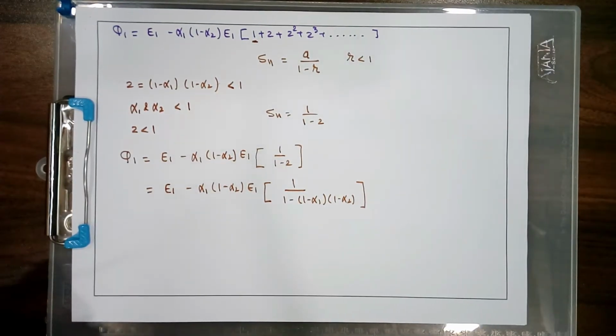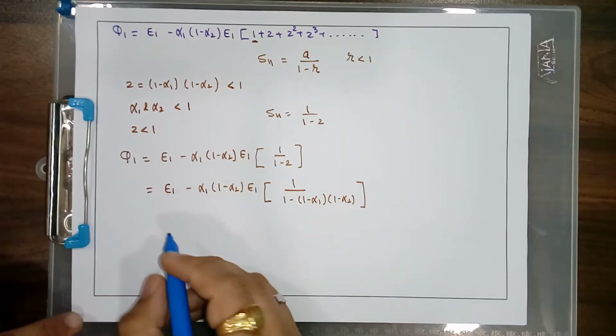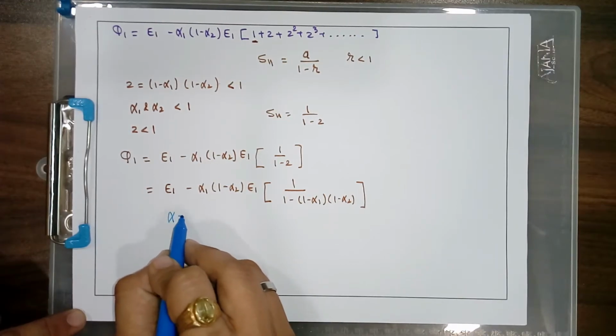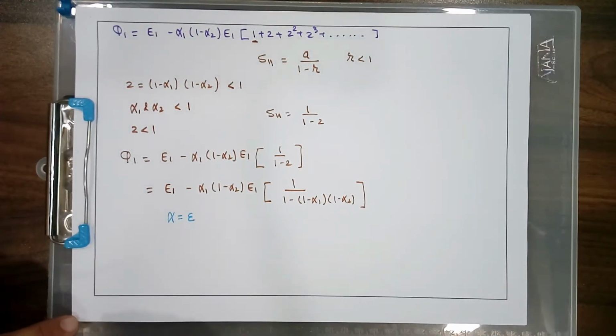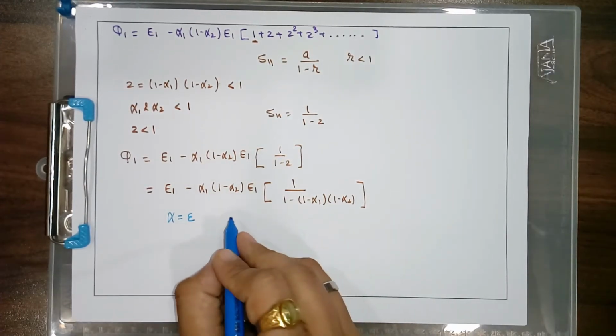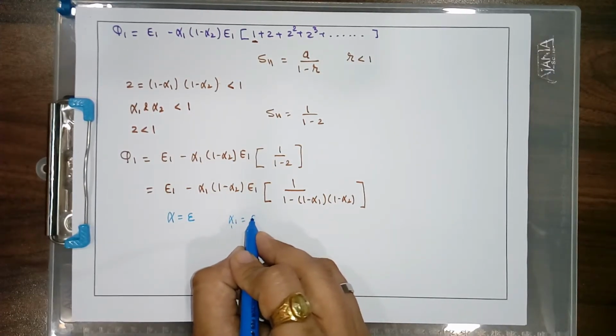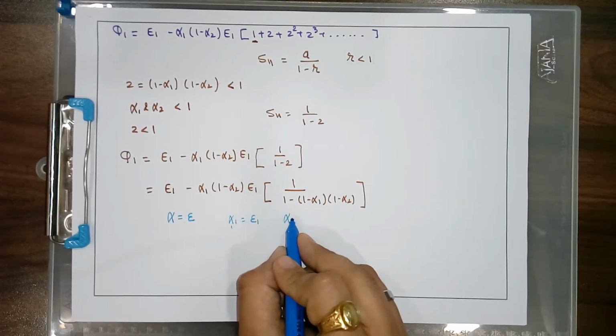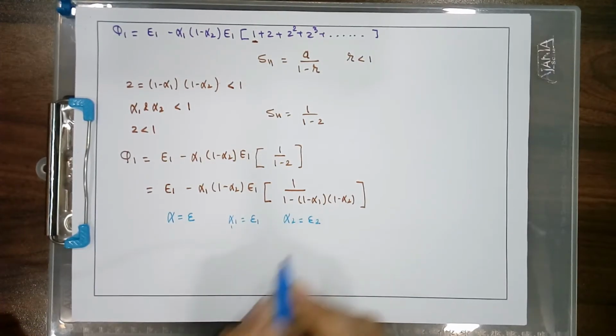Now we also know Kirchhoff's law. Kirchhoff's law states that when the temperature is constant, that is, thermal equilibrium, then absorbability equals emissivity, so alpha 1 equals emissivity 1 and alpha 2 equals emissivity 2.